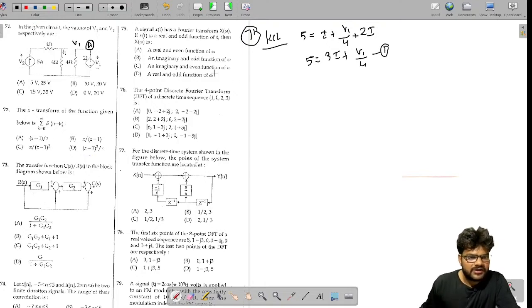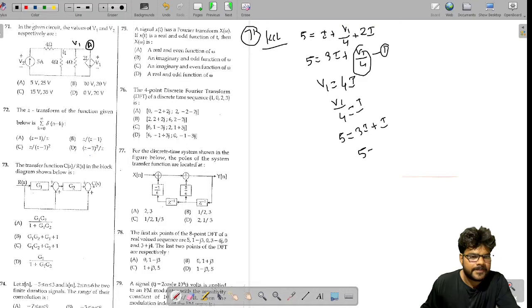Current I is going through this 4 ohm and the voltage across this 4 ohm is V1. So V1 we can write as 4I, right? So V1 by 4 we can write as I. So if we put I here, then 5 equals 3I plus I, 5 equals 4I, and I we will get as 5 by 4.